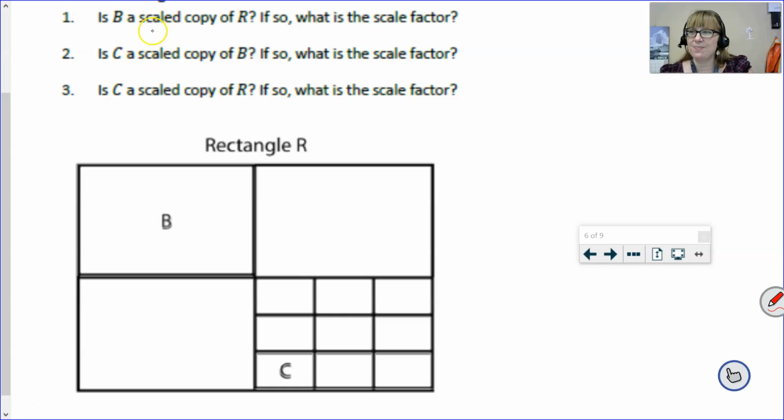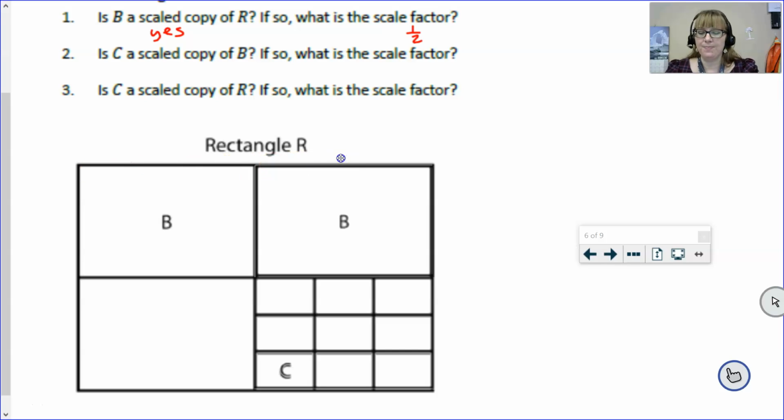The answer is yes, it is a scaled copy, and the scale factor is 1/2. Think about why. Since it's split evenly, B is the same thing over here. I took all of rectangle R and basically folded it in half, kind of like we did with our paper, and now I know that this and this are the same.